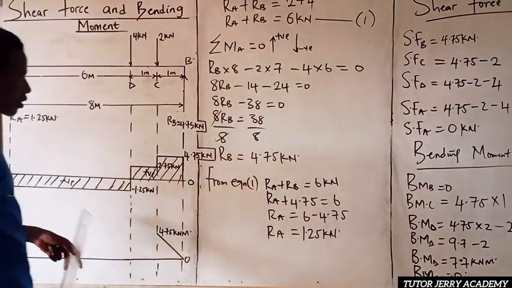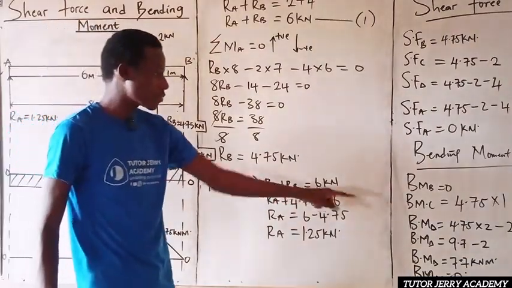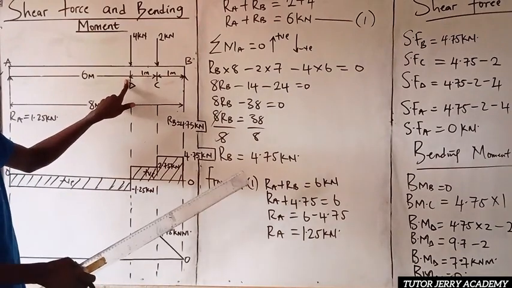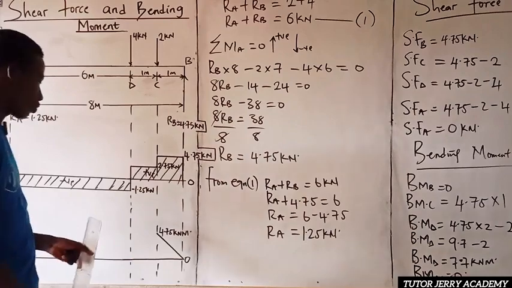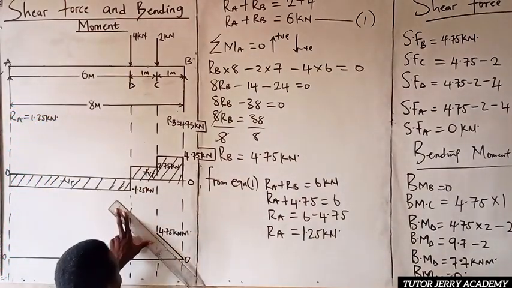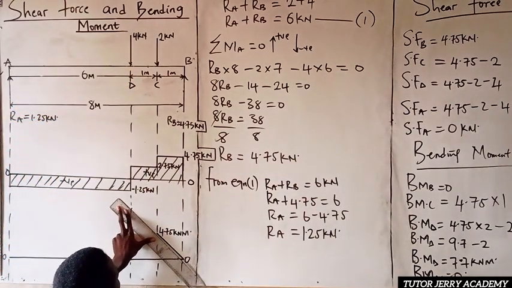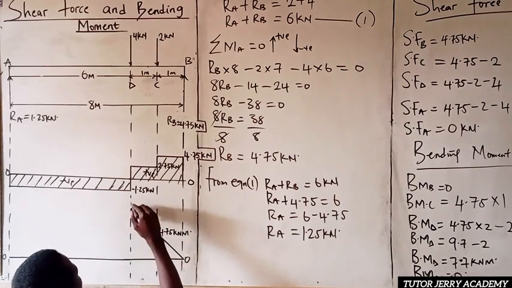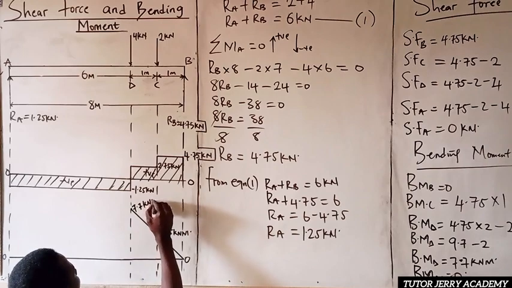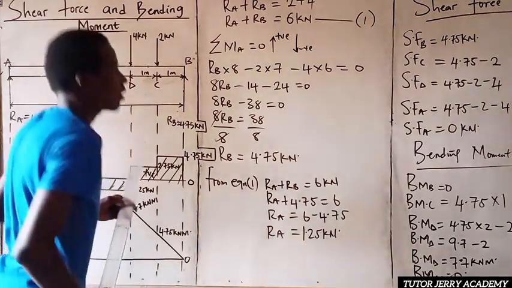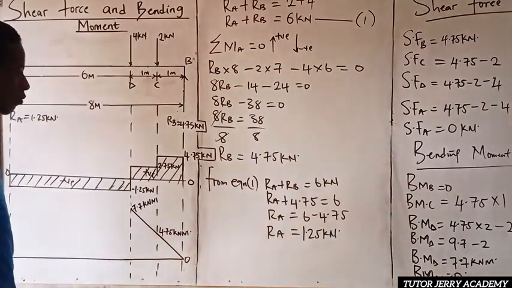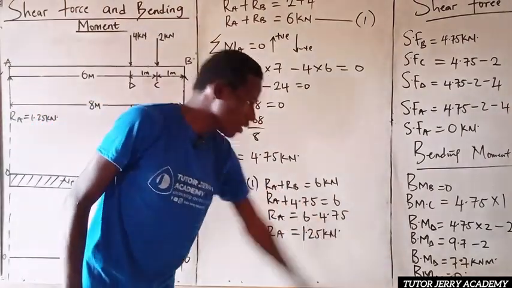Now for our bending moment at point D, we have bending moment to be 7.7. So we are going to be going upward again. Let's take this point to be 7.7. So this is 7.7 kilonewton meter. So this is what we have. So next we are going to be taking this line downward because our bending moment at A is nothing but 0.